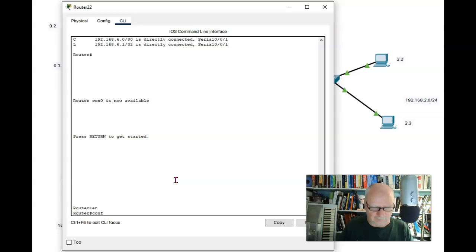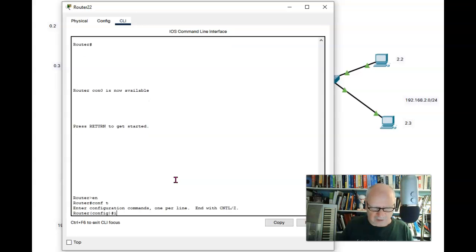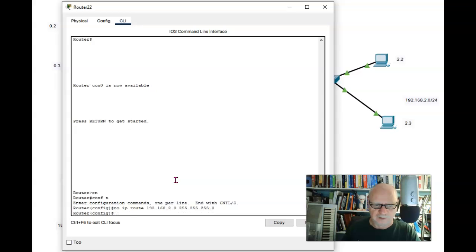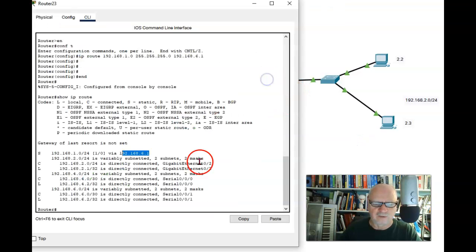Enable, conf t, no IP route 192.168.2.0 255.255.255.0. Okay, that static route is gone, and now remove the static route from R3.